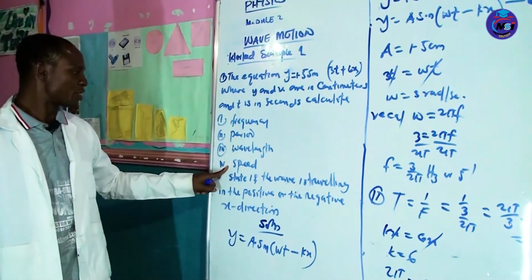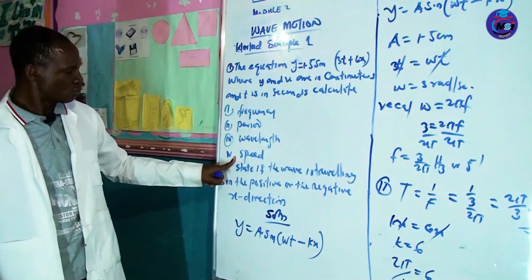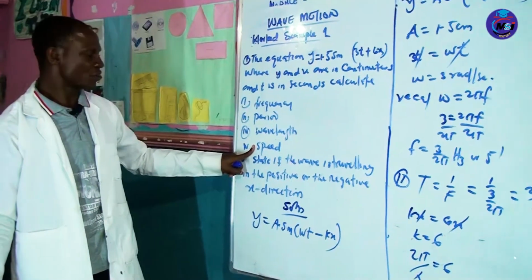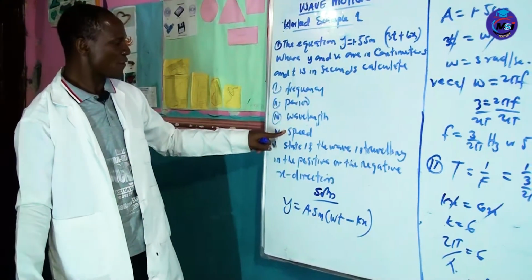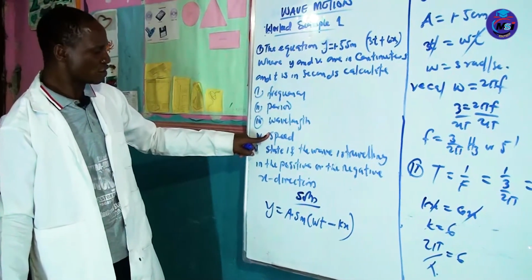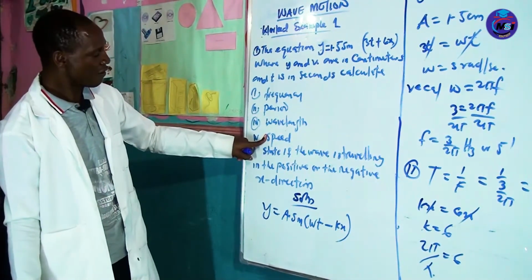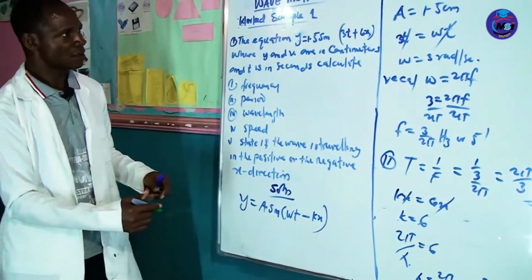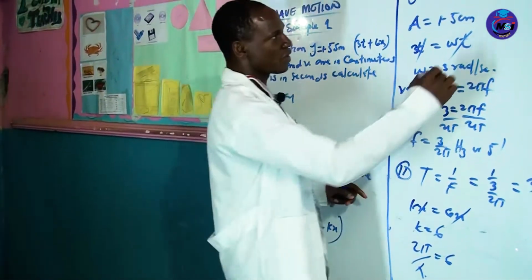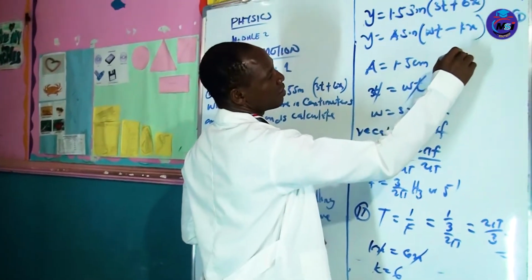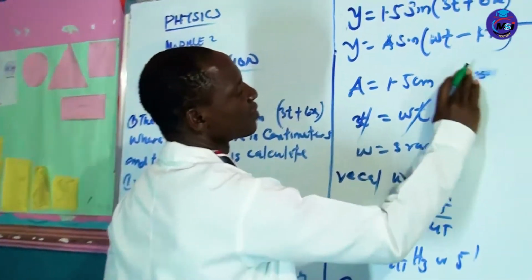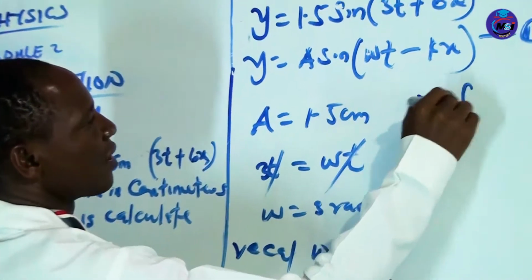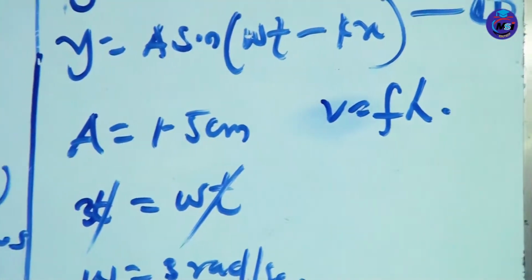So to get the speed, that is velocity, you just multiply. We have gotten the frequency, we have gotten the wavelength. You just multiply the two together to calculate the speed. So for us to get the speed, v equal to f lambda. That's the formula we are going to use.